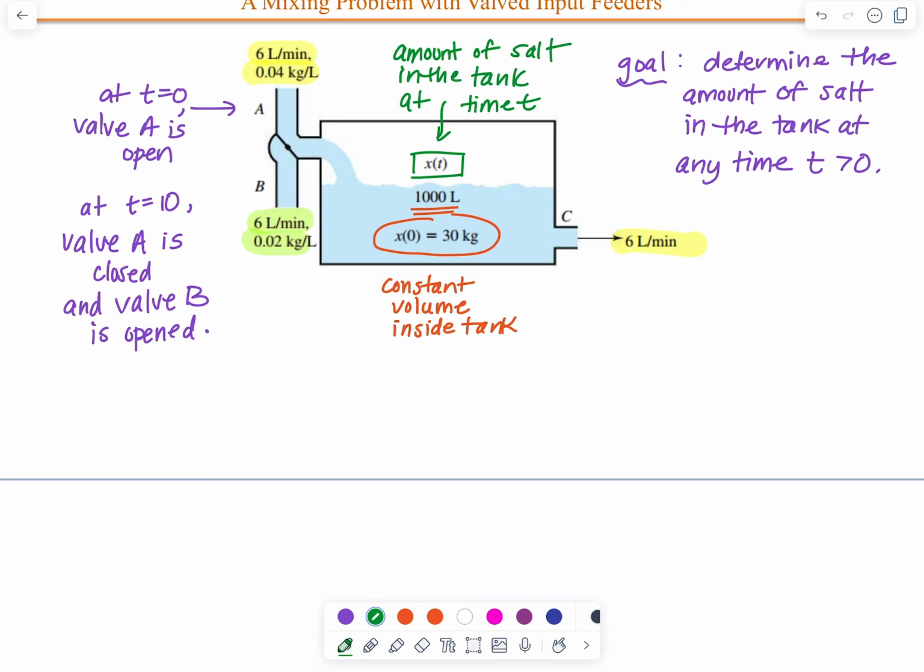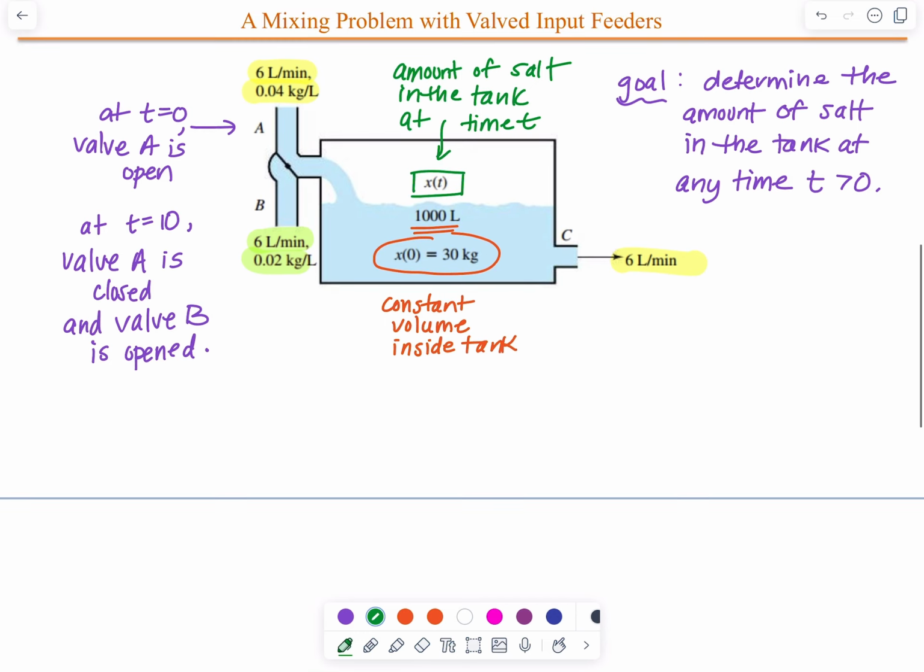Okay, so we have seen a simpler version of a tank problem in the past, but here we do have a valve that is closing and a valve that is opening after a certain time period. The amount of salt leaving the tank, or the tank's salt content, is depleted at a rate of 6 liters per minute.